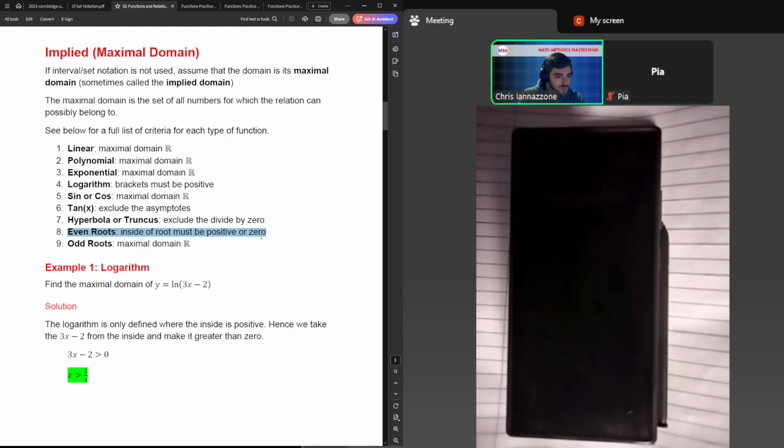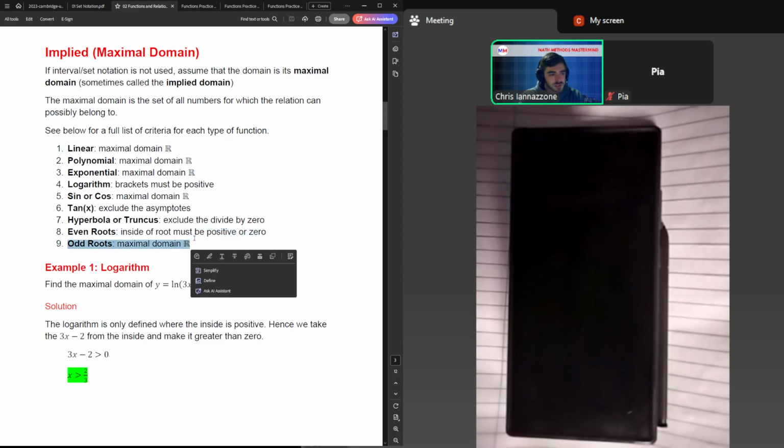For any even root graph, so we're talking like the square root, the fourth root, the sixth root, all of that, the inside of the root has to be greater than or equal to 0. So you can never have a negative inside an even root function. Square roots can't have negatives, fourth roots can't have negatives, none of that.